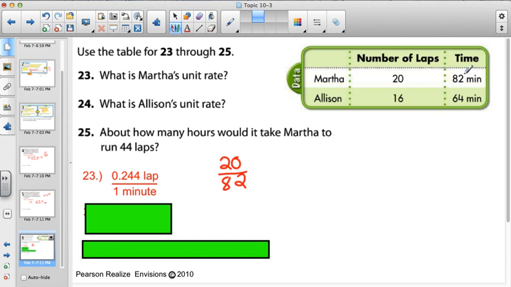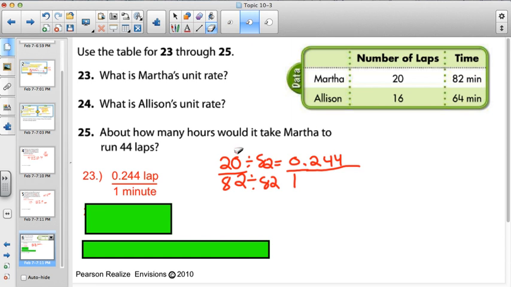So we're going to drop to 1 minute, so we're going to divide by 82, divide by 82, and if you did the math, you would find that you actually get 0.244. And so that's how far she can travel in 1 minute. That much of a lap. Alright, so let's take a look at the next answer.